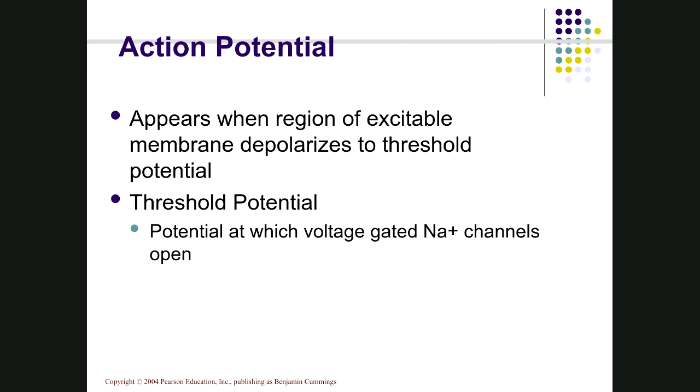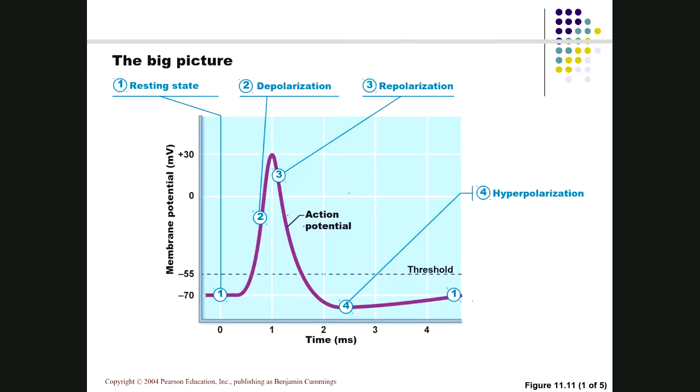And so when you open voltage-gated channels, right there, sodium is going to rush in. And because we're using voltage, all of the channels in this area are going to open. Sodium rushes in like crazy. It's going to go up to plus 30, but at plus 30 those channels are going to close.